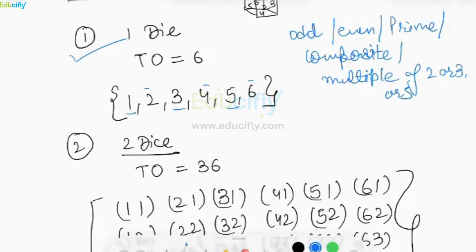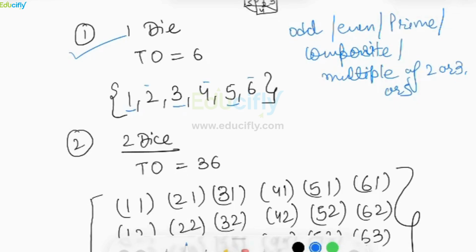Okay, the prime number. Prime numbers are the numbers which do not have more than two factors. One is not a prime number, one is neither prime nor composite.